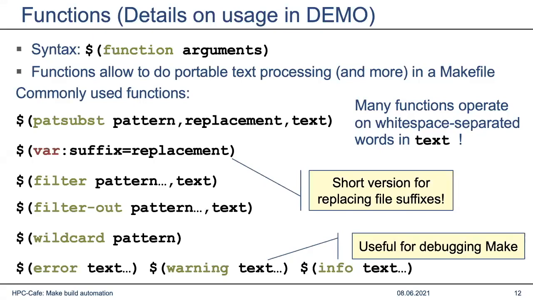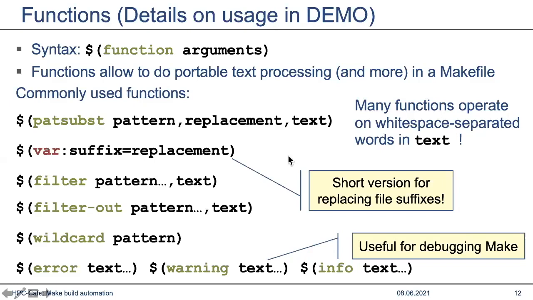Most of those functions are specific to GNU Make. But the advantage is, of course, it will be portable. So it might be that this makefile then works very well also on a Windows system, because those make functions are just portable.